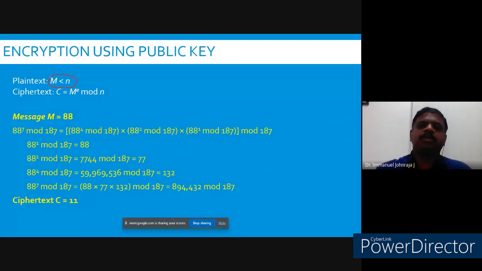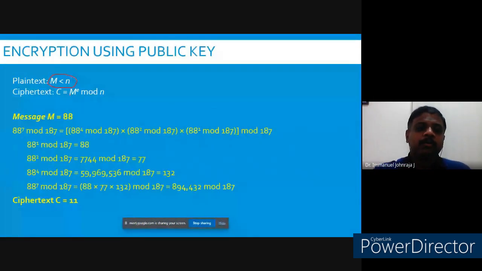So it's up to you to find the corresponding numbers in numeric value. You can take every alphabet into an equivalent decimal number or convert into hexadecimal. I leave it to you, but you will end up getting some numbers for every alphabet. So this number should be less than the value of n. That's how you should choose the block.